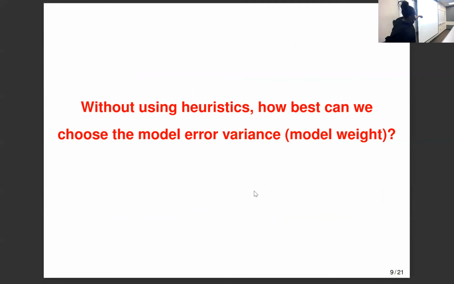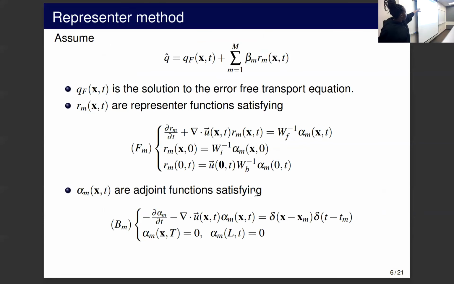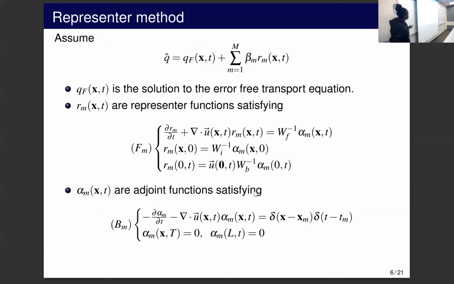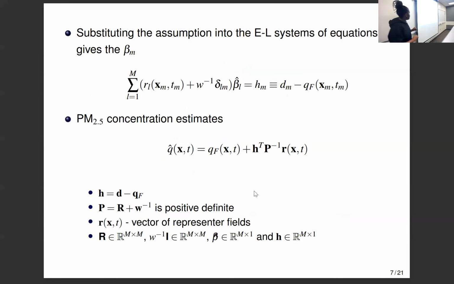So substituting this assumption into the Euler-Lagrange systems of equations, we obtain the unknown representer coefficients beta L using this expression, and then substituting for the linear combination of representer functions, we obtain the optimal state as this, which is the sum of the first guess, and we know how to obtain that, plus the multiplication of Patricia's H transpose, P inverse, and the representer vector R, where H is equal to the difference between the observations and the first guess qF at the points where we obtain those observations.